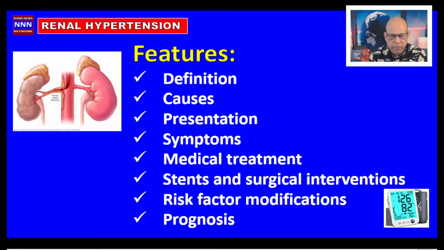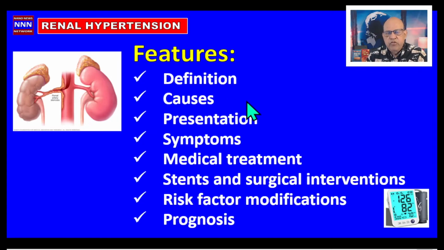It may be related to polycystic kidney, or it may be related to chronic kidney disease from various risk factors. Whatever the cause may be, that increases the renin production in the kidneys that leads to systolic and diastolic hypertension. That's the definition for renal hypertension.